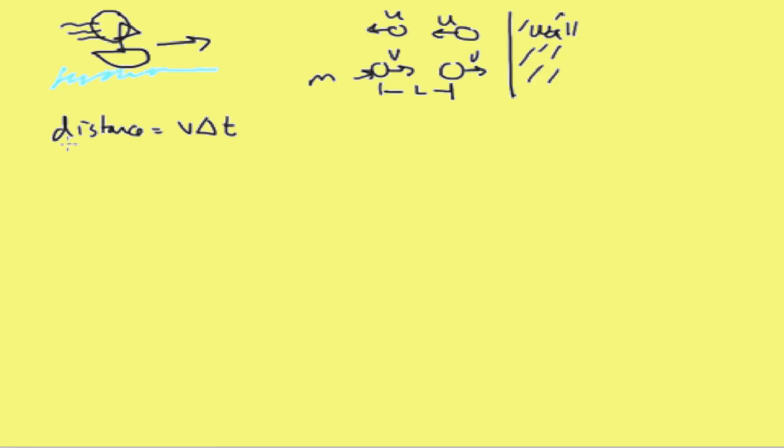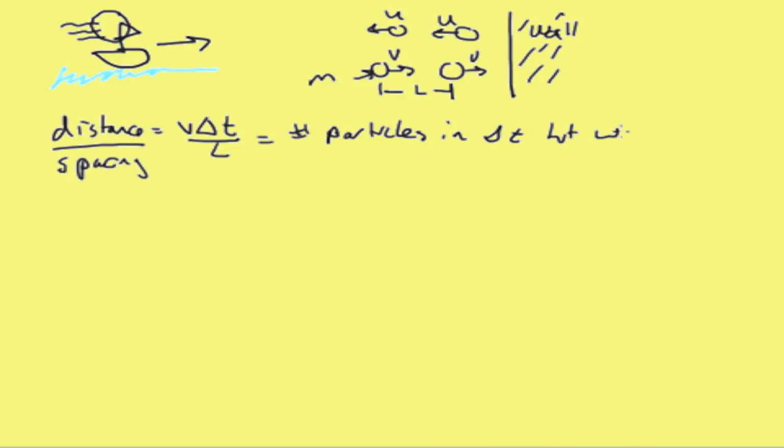the amount of distance traveled divided by the spacing, which in this case is L, gives the number of particles in delta t that hit the wall. So these are the number of particles in a time delta t that hit the wall.